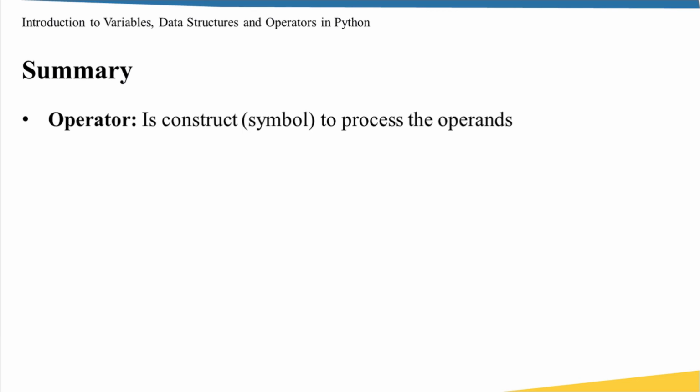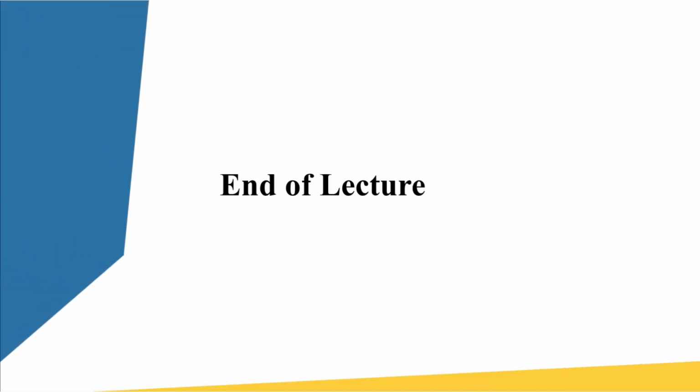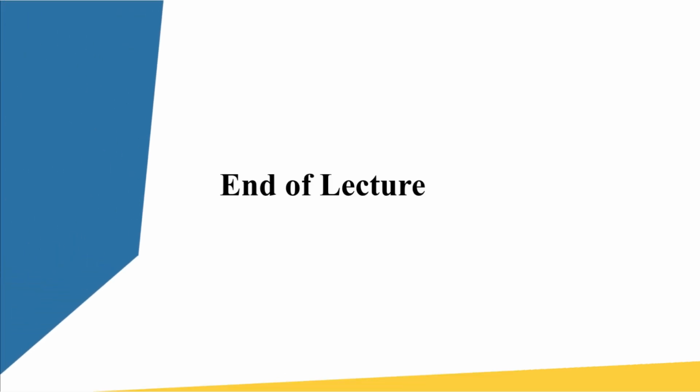Also, we have defined the operator, and as we see, operator is a construct represented by a symbol to process the operands, and we say that we have to know for each one of the operators that we are going to learn about in the future, number of operands it takes, operands data types, how it works, and the final result data type.